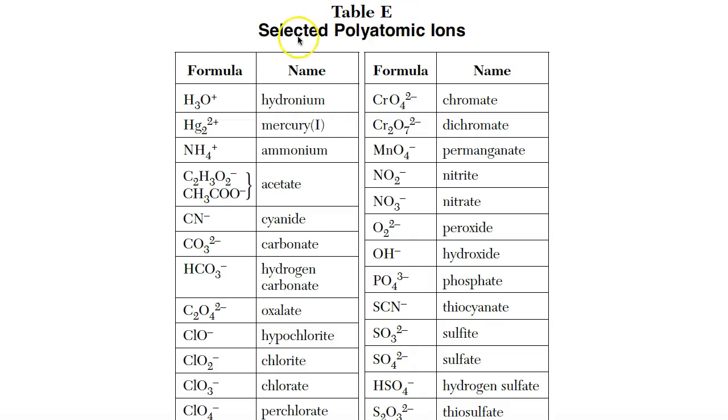So table E, the polyatomic ions. Sulfate, there it is, SO4 -2. Notice a bunch of weird names here. Generally speaking, if you hear an "ide" at the end of a salt name, it's usually just a singular element. For instance, calcium fluoride. Now, calcium is +2, F is -1.